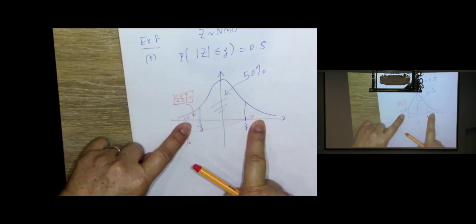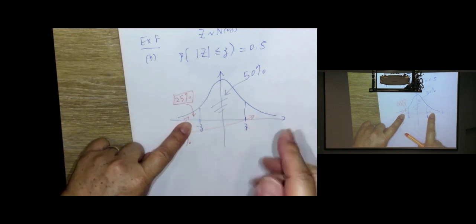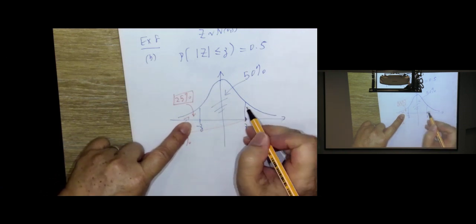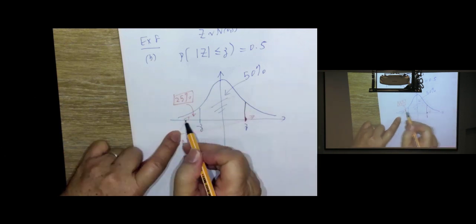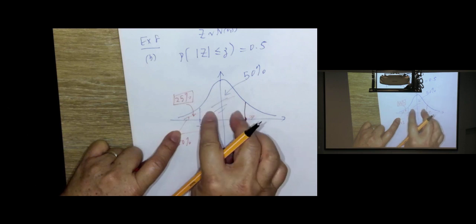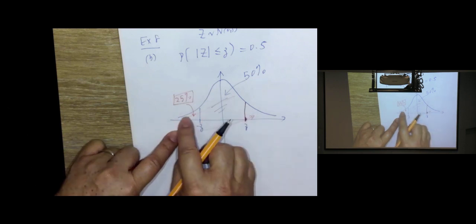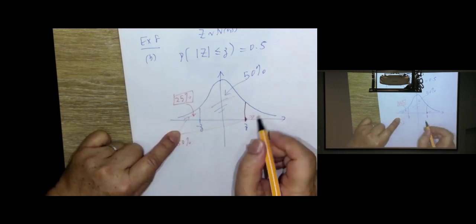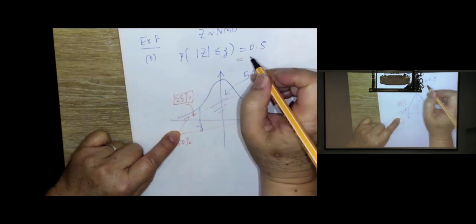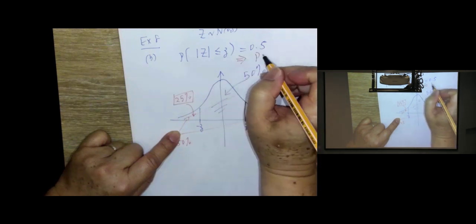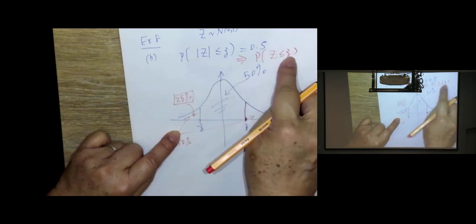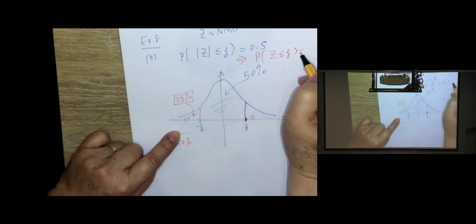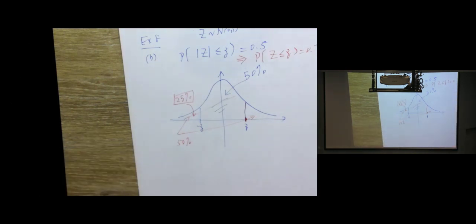This would mean the area on the left-hand side of the small z would be this blue shaded area plus this left tail. So this would be the same as Z being less than z, the same number, and would be 0.75. So this is how this is done.